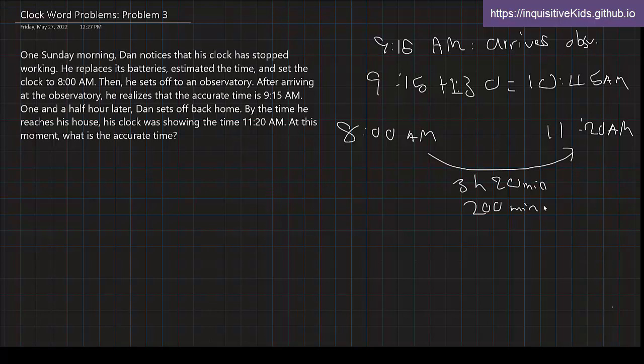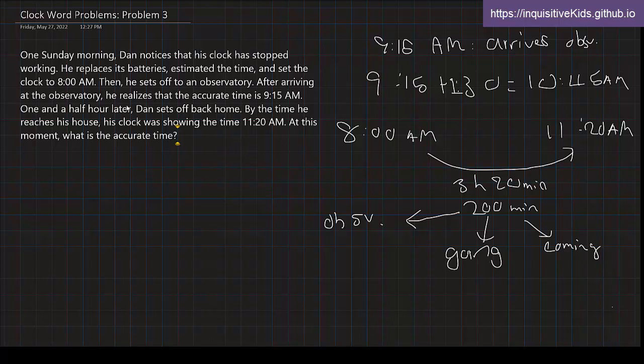And how were these 200 minutes spent? Well, it was spent at the observatory, going there, and coming back from the observatory. Going to the observatory and coming from the observatory. So, how much time did he spend there?